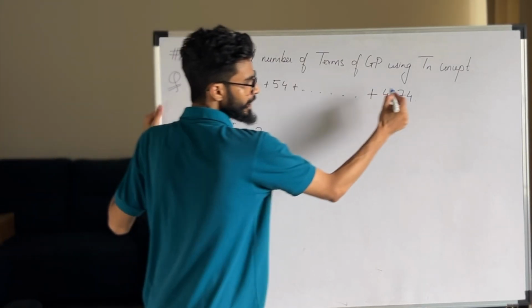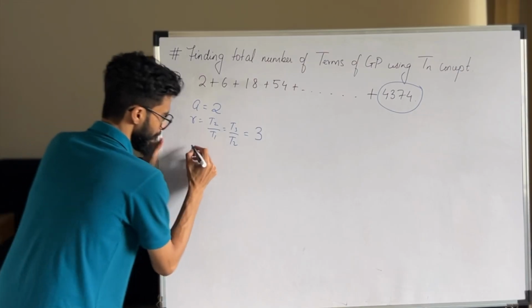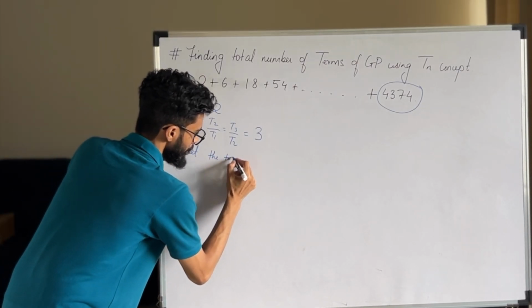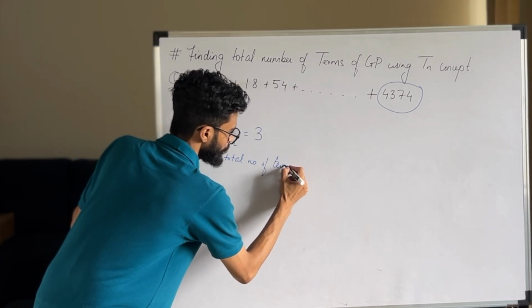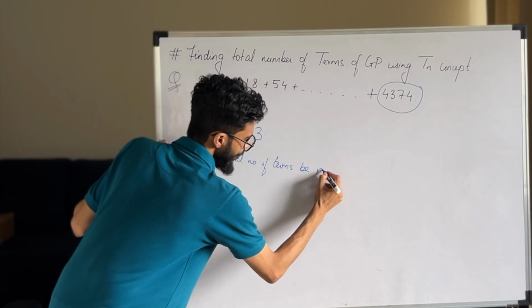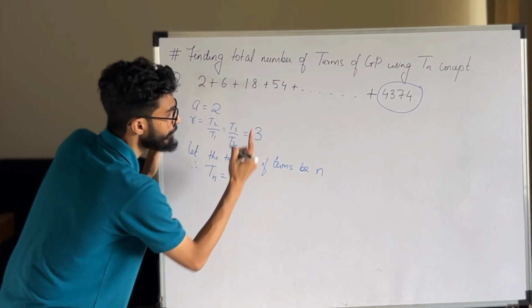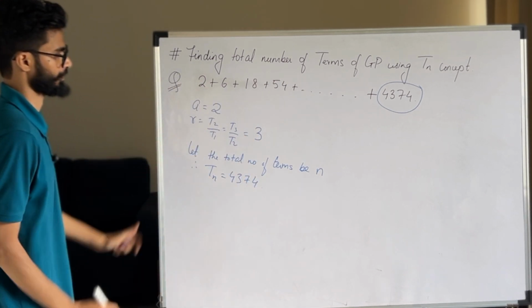Now, can you see this last term is given? I will say let the total number of terms be n, therefore Tn will be my 4374.